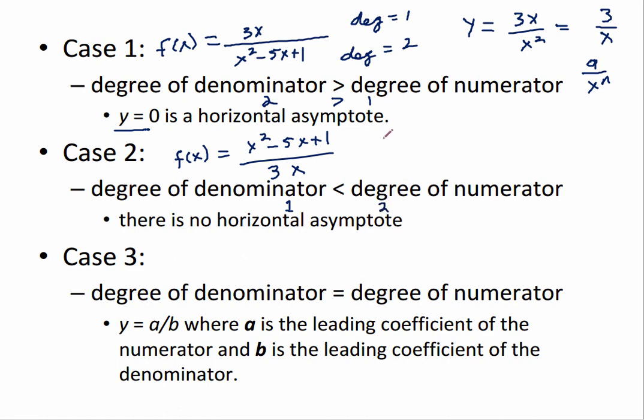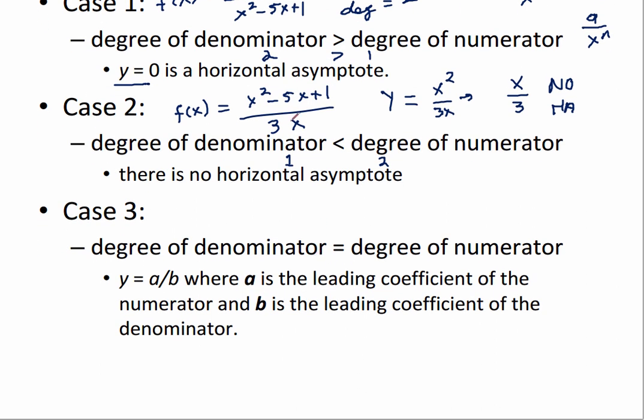If we again form the ratio of the leading terms between the numerator and denominator, we get x squared over 3x, which simplifies to just x over 3. That's just the equation of a line. So there's going to be no horizontal asymptote, or no HA.